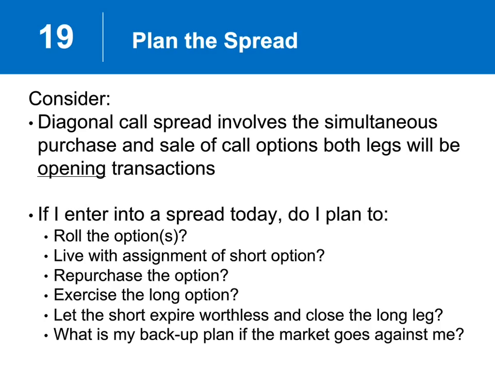What if I'm assigned on my short leg? Must I repurchase my short leg? What if I want to exercise the long leg of my options contract? Should we let the short option expire worthless and simply close the long leg? And finally, what is my backup plan if the market goes against me?